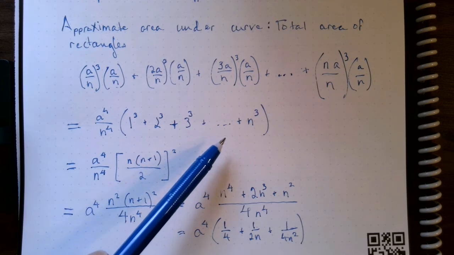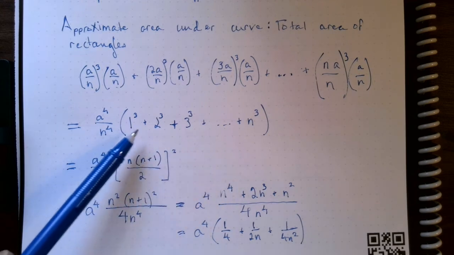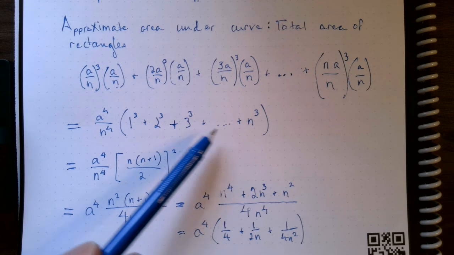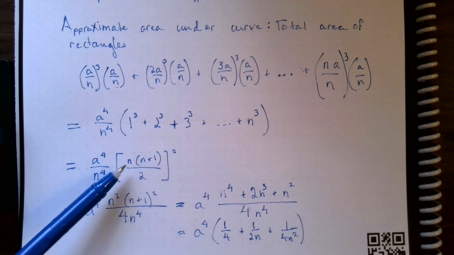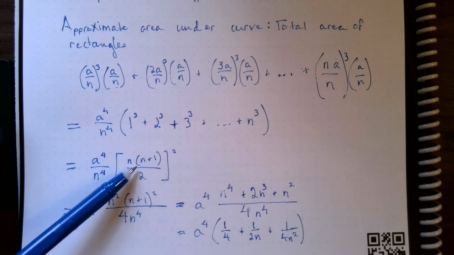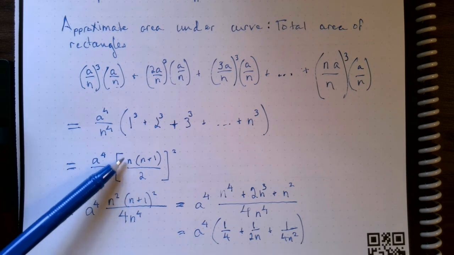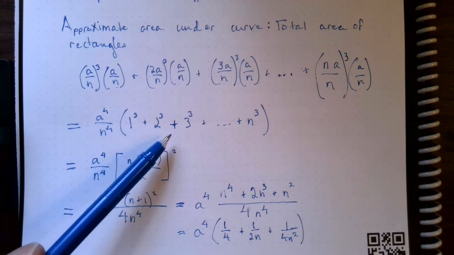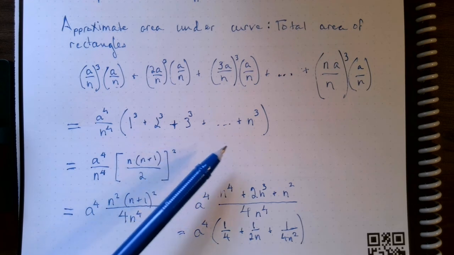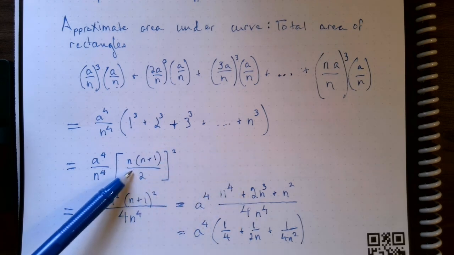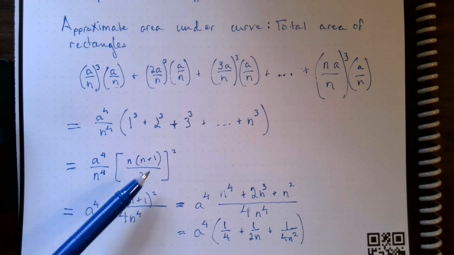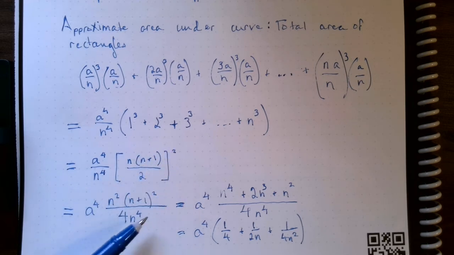Okay, so what we need to do is look at this sum, the sum of the first n cubes. And you can prove by mathematical induction that 1 cubed plus 2 cubed plus 3 cubed all the way up to n cubed is equal to n times n plus 1 divided by 2, whole thing squared.